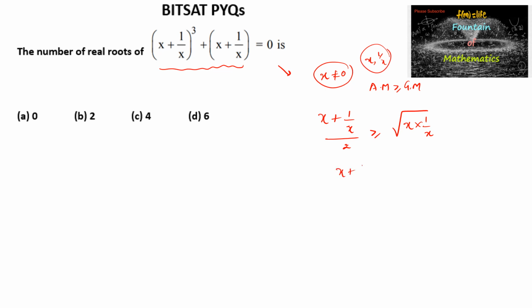So we can write x plus 1 upon x is greater than or equal to 2 times root of 1. That is, x plus 1 upon x is greater than or equal to 2, or plus or minus 2 we can write, so minus 2 and plus 2.